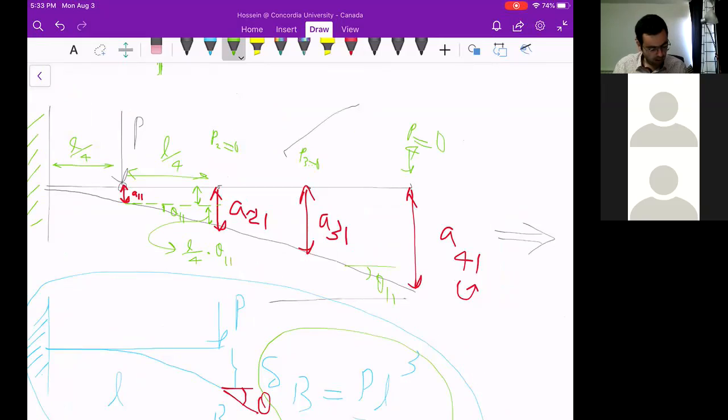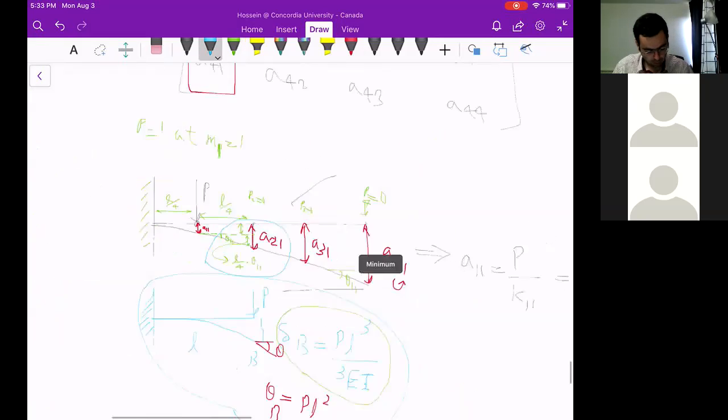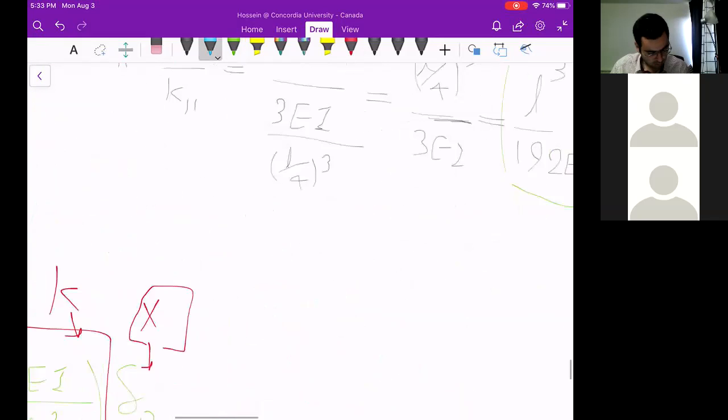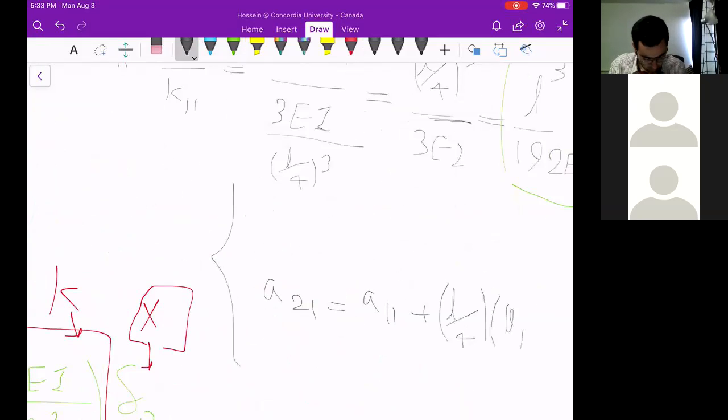So for the first column, if I want to find A21, A21 is A11 plus L over 4 multiplied by theta 1. I already know A11. L over 4 I know.